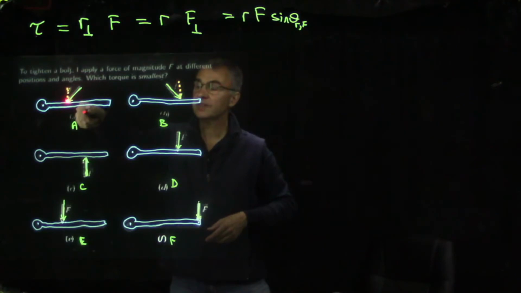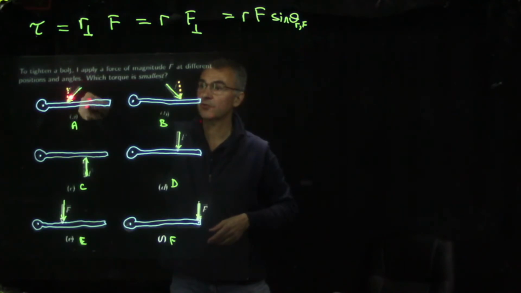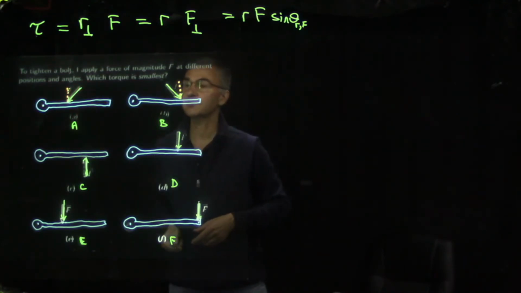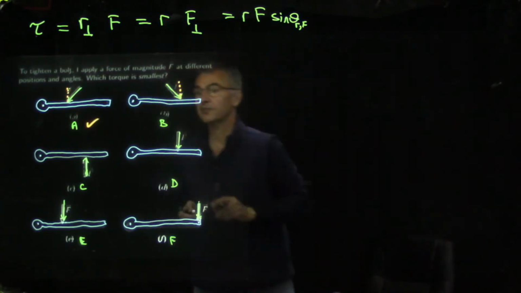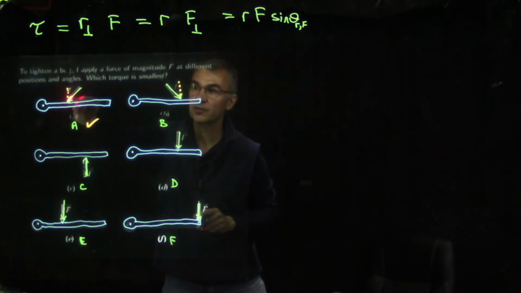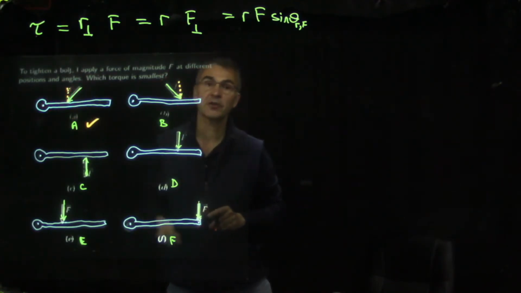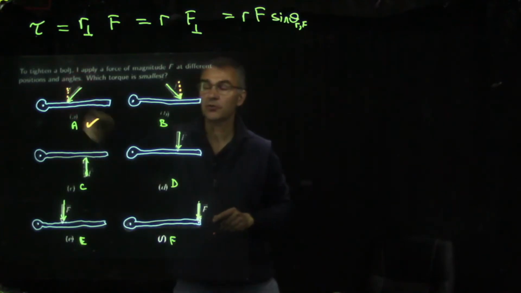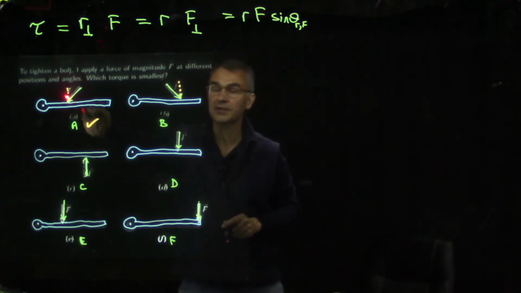So we actually not only have a small displacement for A, but we also have to pick out only the vertical component of this force. So I think A, alpha, is the smallest torque because not only is it a small distance from the axis of rotation to the point of application of the force, but because the force is not perpendicular to the displacement, we get only the perpendicular portion of the force, which is smaller than the entire force.